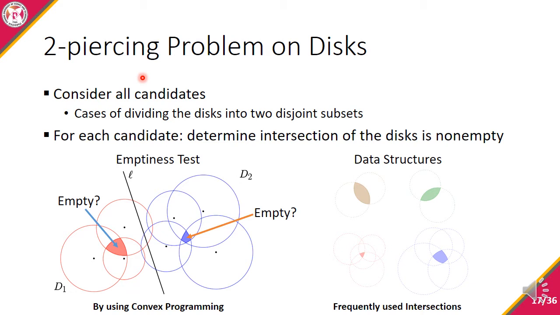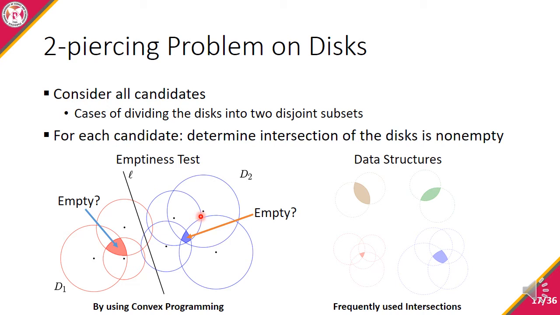For each candidate, we compute an emptiness test that determines whether each intersection of disks in a subset is non-empty. For example, we determine whether the intersection of red disks and the intersection of blue disks are non-empty. If there exists a candidate such that each intersection is non-empty, then Q1 and Q2 exist.